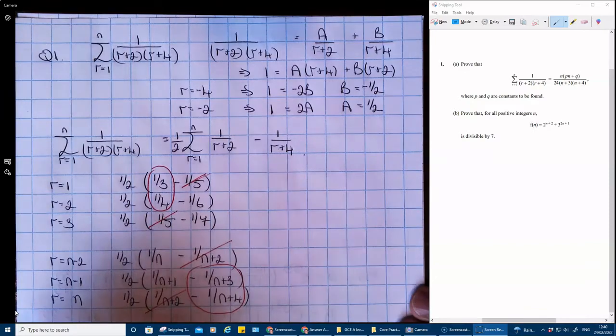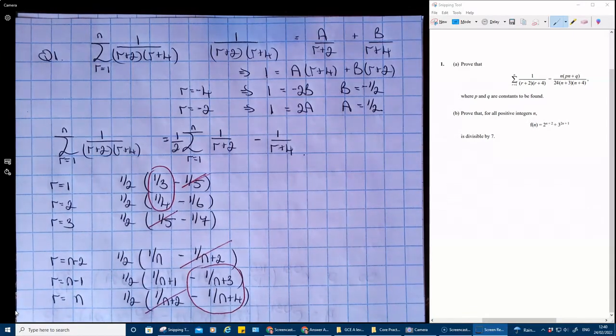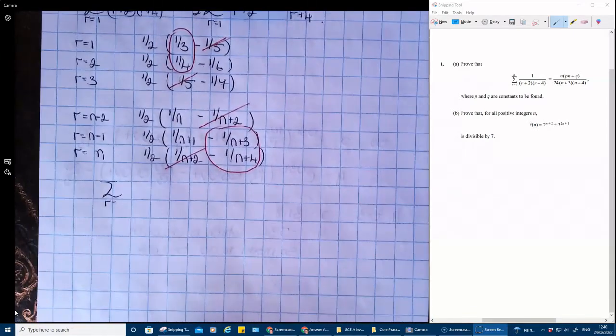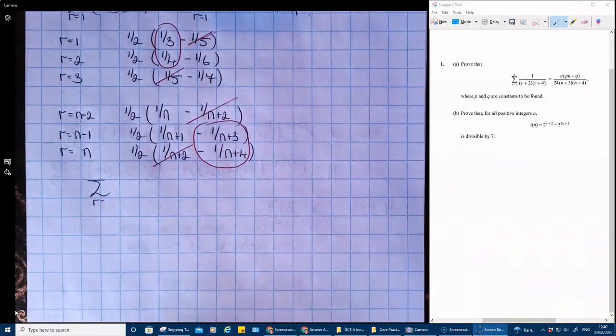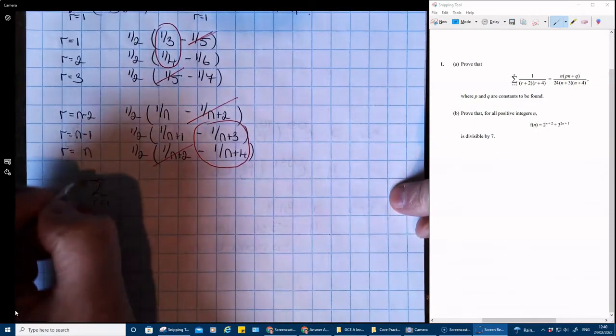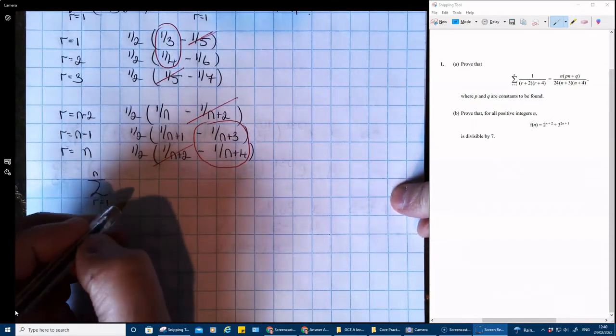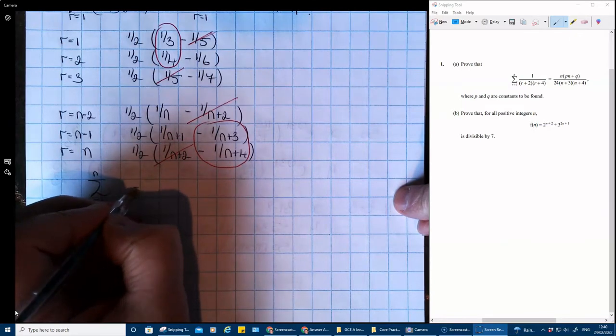Okay, so the sum, oh, that's the bottom of the page. Sum of r equals 1 to n of our expression equals a half.